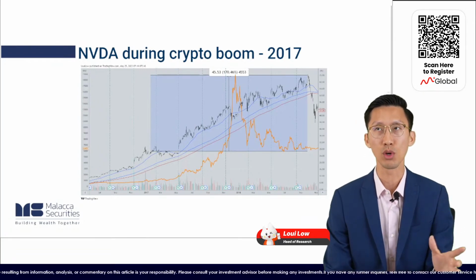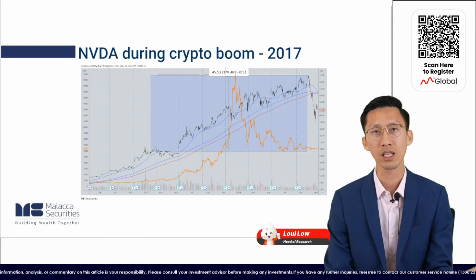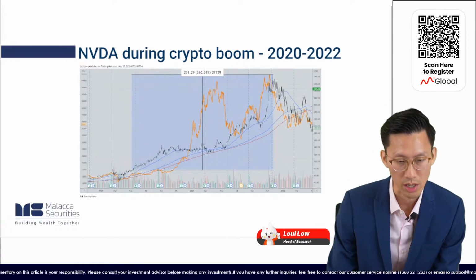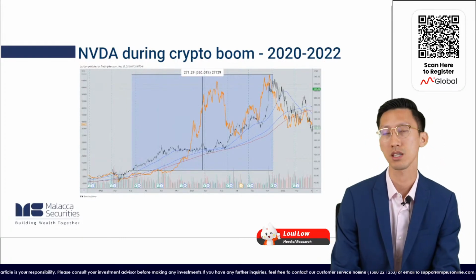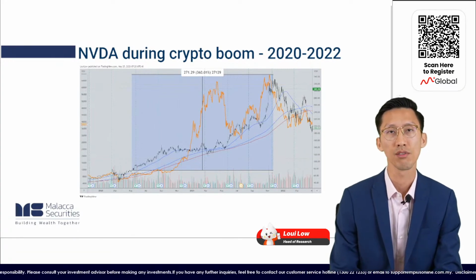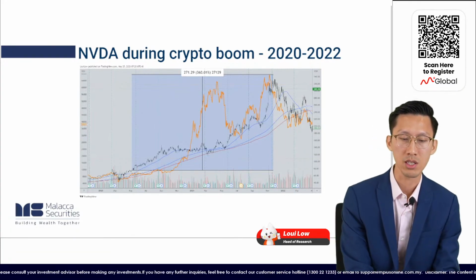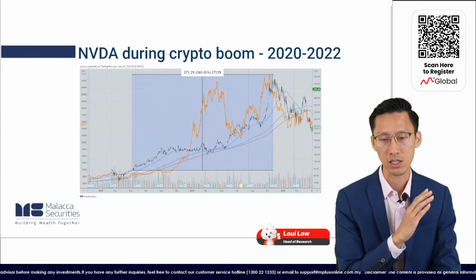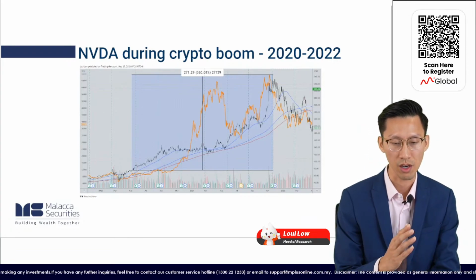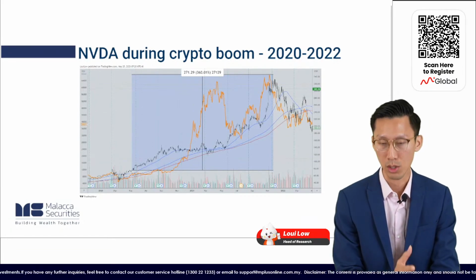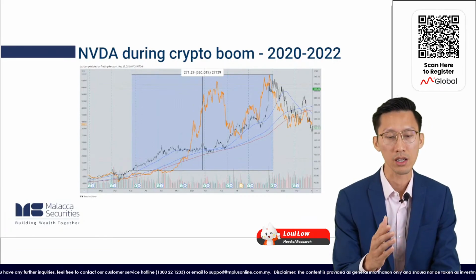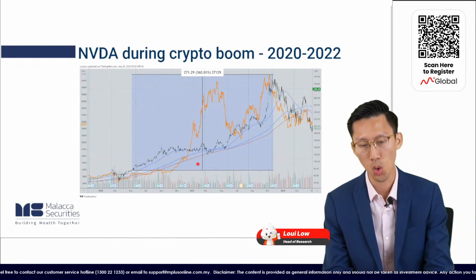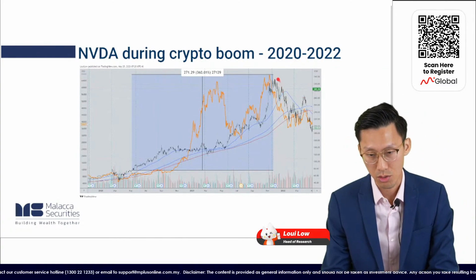And if you recall, during COVID time, we had another round of crypto boom where Bitcoin surged towards about 68 to 70,000. During that time, you can see that the share price of Nvidia had high correlation with Bitcoin, and it surged from below 100 US dollars up until 340.